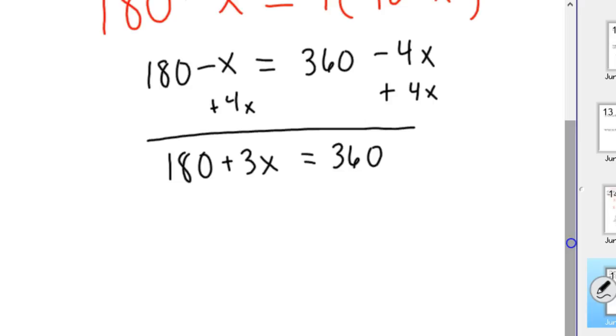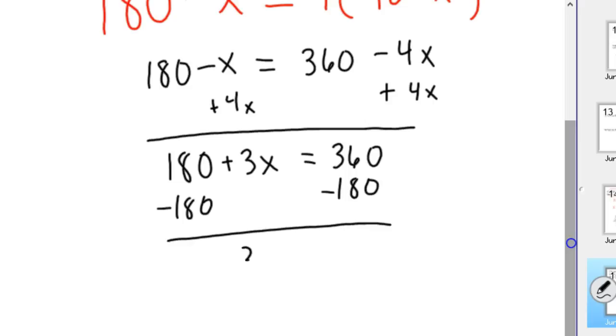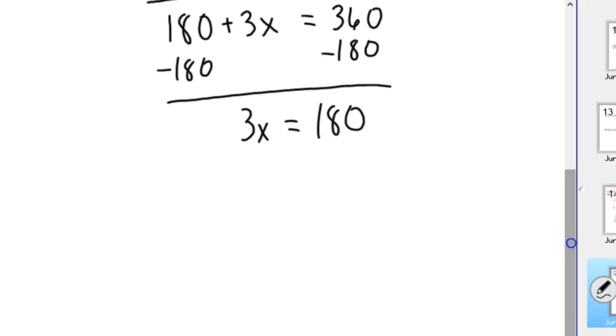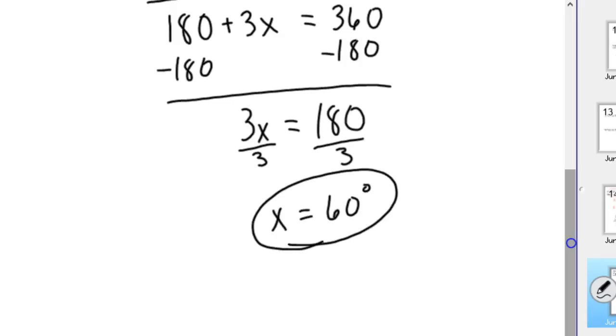Then I'll move my 180 over here to the right side. And so 3x equals 360 minus 180 is 180. And 180 divided by 3 is 60 degrees. So the angle we are looking for is 60 degrees.